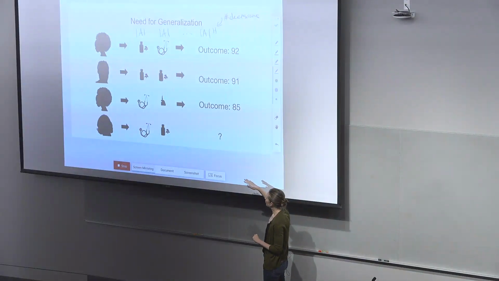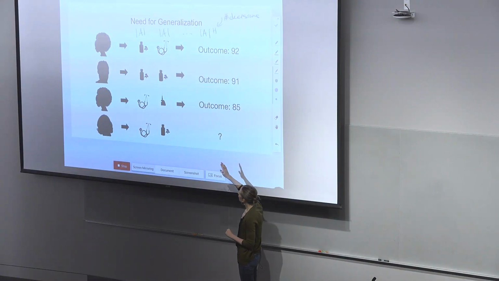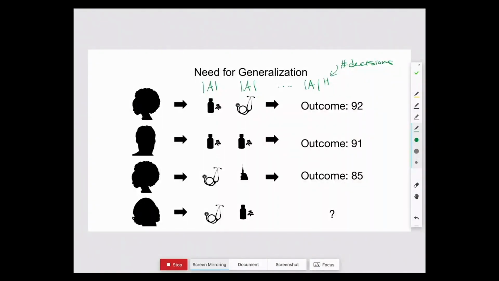There are certainly ones now that are starting to think about sequences of decisions, but a space of A to the H is going to be way too large for us to possibly have a different randomized control trial bucket for each of those. So we're going to need some ways to extrapolate and say, well, maybe if I did condition A and then condition B, or condition B then condition A, can I extrapolate from that and understand what it would be like if you did condition A, condition A? So can we interpolate and extrapolate from the data that we have in order to reason about the full space of policies?